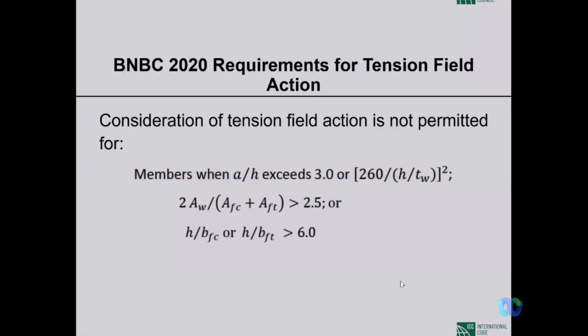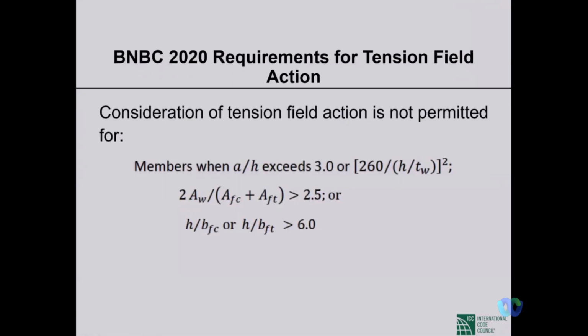Now in BNBC, the requirements are like that. We cannot consider tension field action for the unstiffened case. We cannot consider tension field action for end panels. And this is the limiting factor: if A by H exceeds 3, that is, the spacing of stiffeners is 3 times the height of the web, then we cannot take tension field action into account.